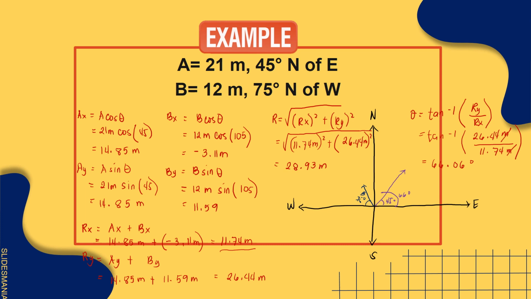Let's have the resultant vector, which is relatively longer. So we have 28.93. Okay, so this will now be our resultant vector.